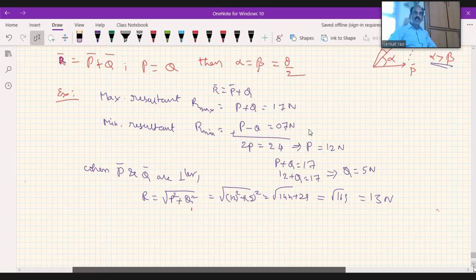Resultant of two forces, 1 Newton and P Newton, is perpendicular to 1 Newton and equal to 1 Newton.